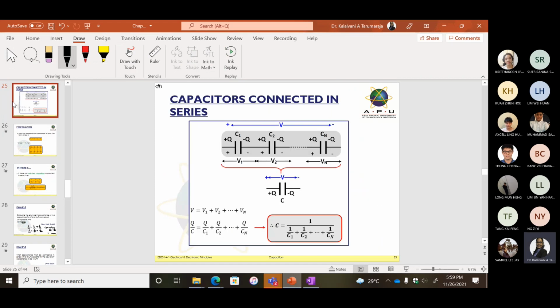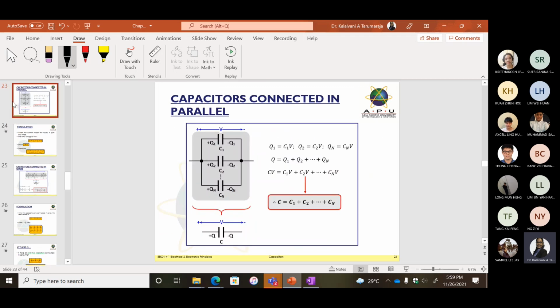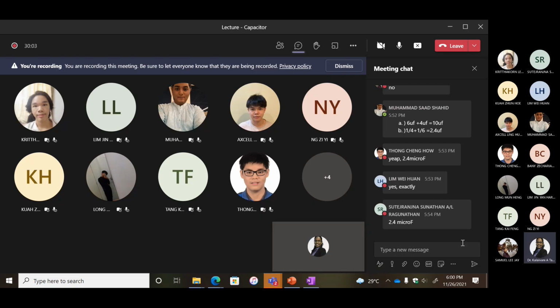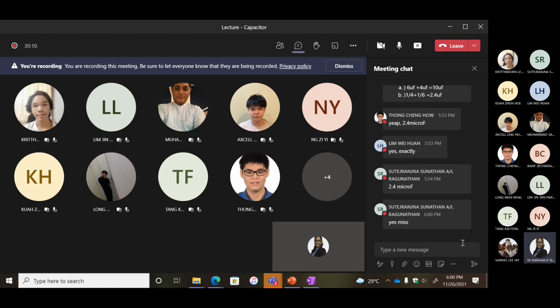You may write the formulas for your series, how it works when it's series, how it works when it's parallel. Can you try? Can you try? How about the others? Can you all try?